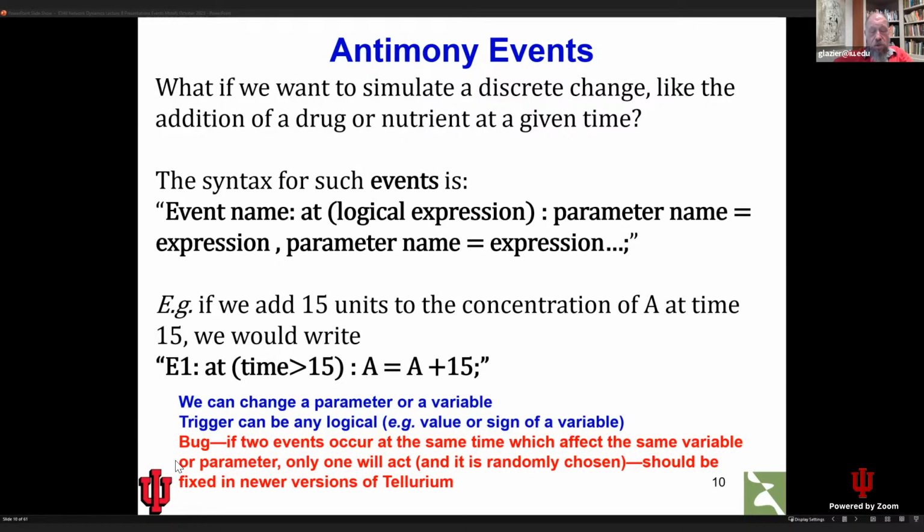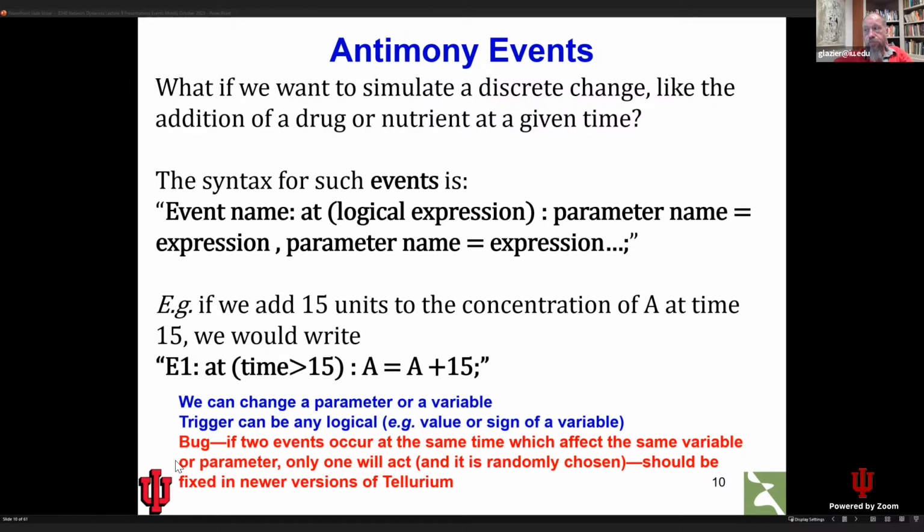The way this works is that when the value of that logical expression goes from false to true, the action is taken once. So in this case, at time 15, when you go from 15 to 15.001, it happens once, and then it doesn't happen again. So that's how this works.